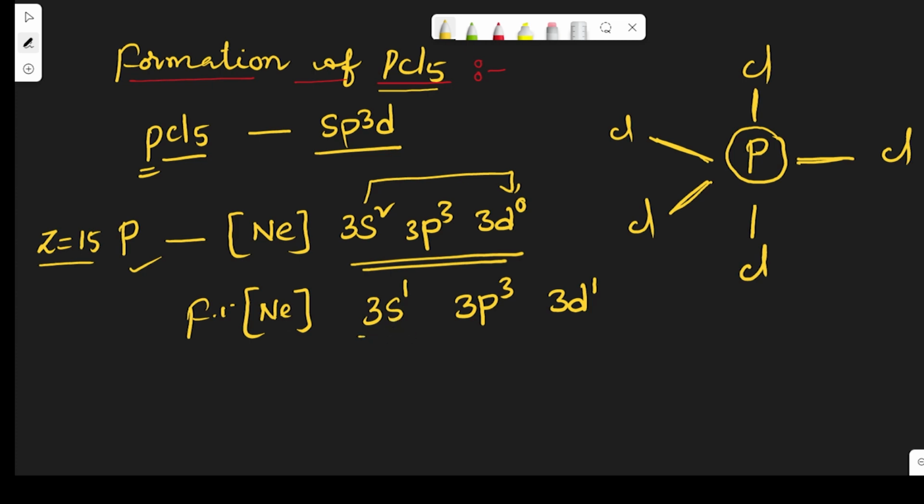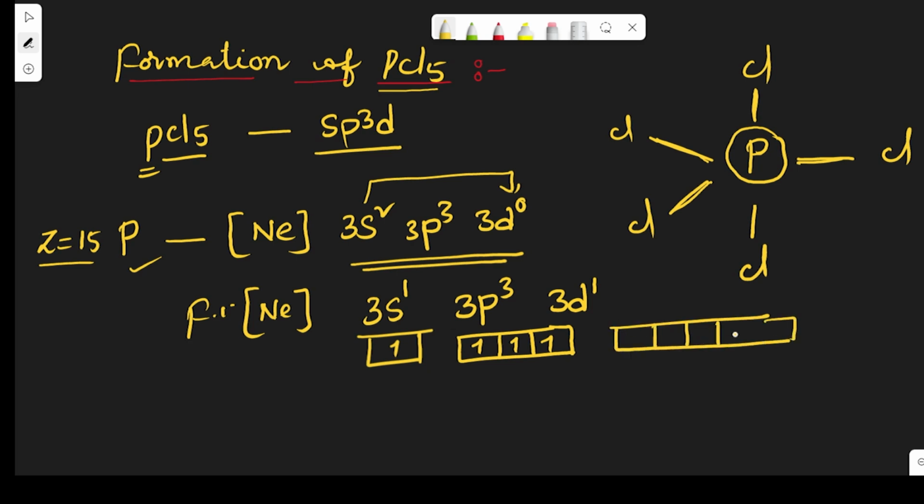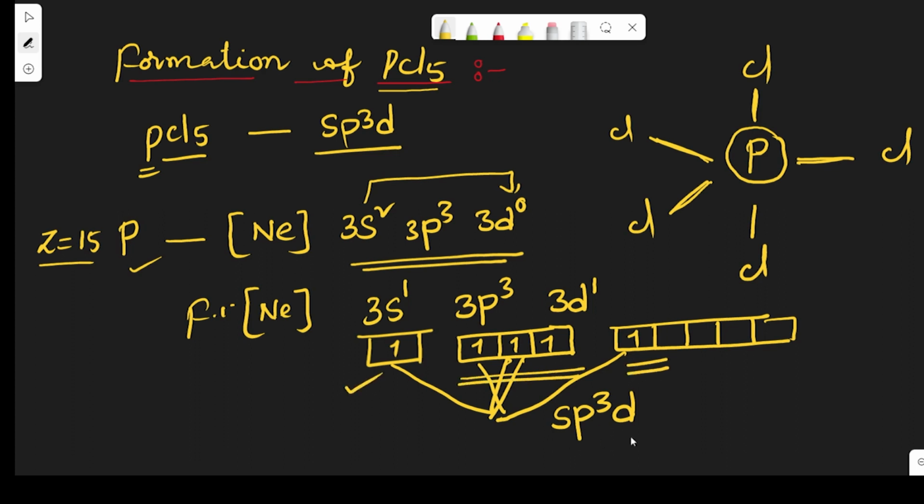So in 3s1 there is one electron, in 3p3 there are three electrons, 3px1, 3py1, 3pz1, and in the 3d orbital there is one electron. By intermixing these, one s orbital, three p orbitals and one d orbital, the phosphorus atom exhibits sp3d hybridization.